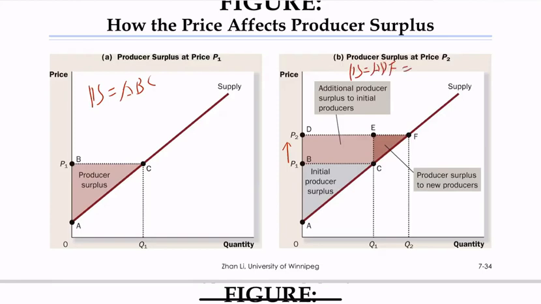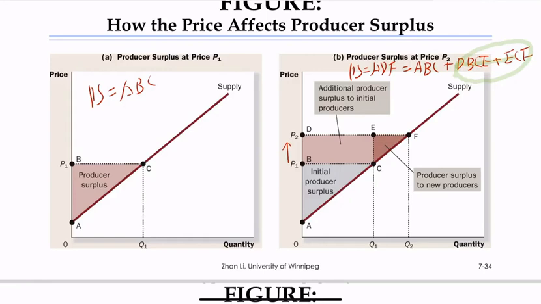However, ADF can be decomposed into three parts: the original ABC, this rectangle, which is DBCE, and this new triangle, which is ECF. So clearly, DBCE and ECF are the additional producer surplus because of a higher price, right?